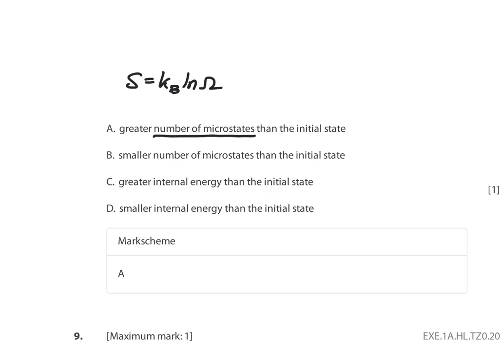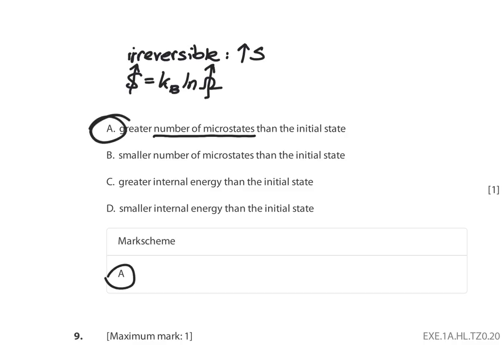However, let's not forget that entropy is given as the Boltzmann constant times the natural log of the number of microstates, represented by omega. So irreversible means an increase in entropy. If I'm increasing my entropy, I am increasing my number of microstates. And so the answer is A. You have a greater number of microstates than where you started from. So that is A.